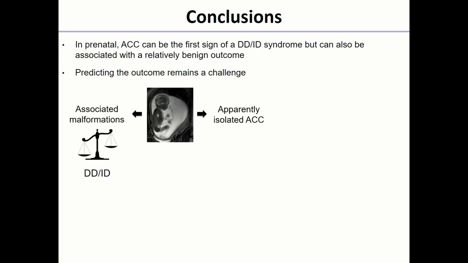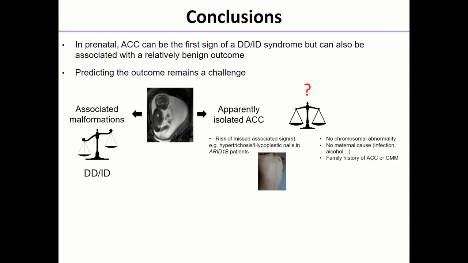And so I've shown you that if we find other malformations, then the risk is very high that it's the first sign of a very severe or moderately severe syndrome. But if it's isolated, there is still the risk that something is not seen, like hypertrichosis, for example.